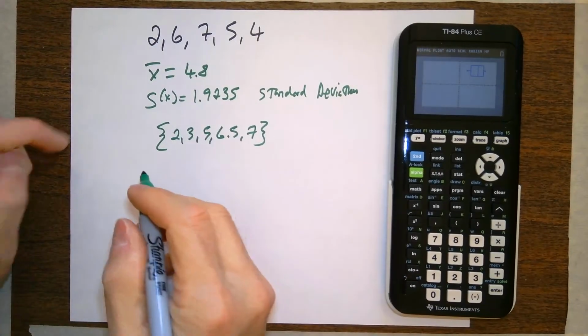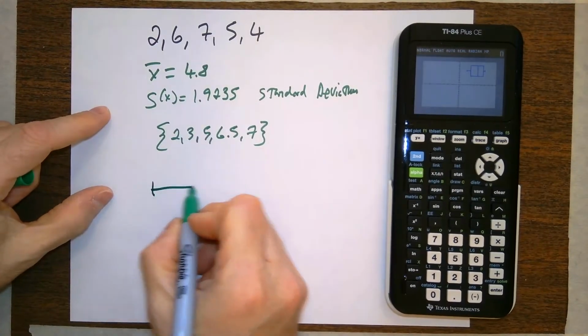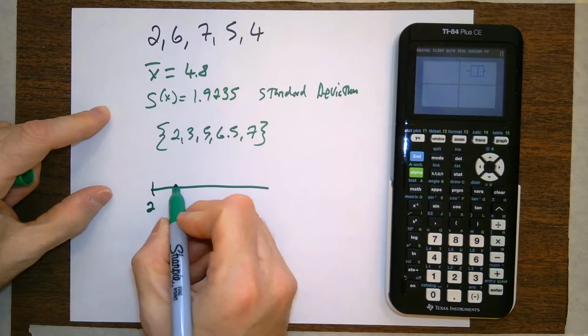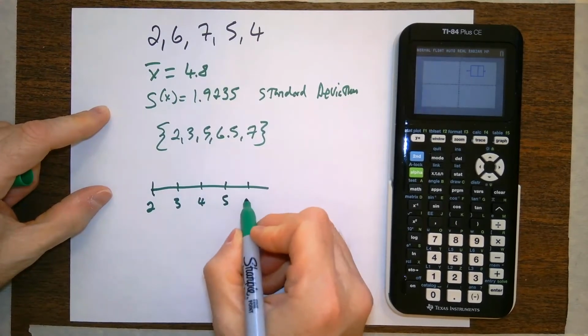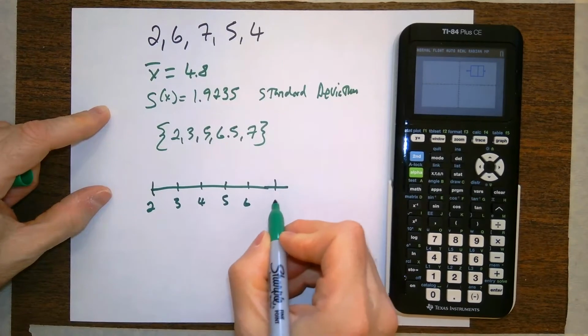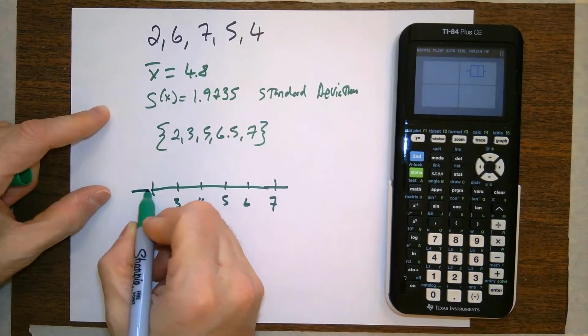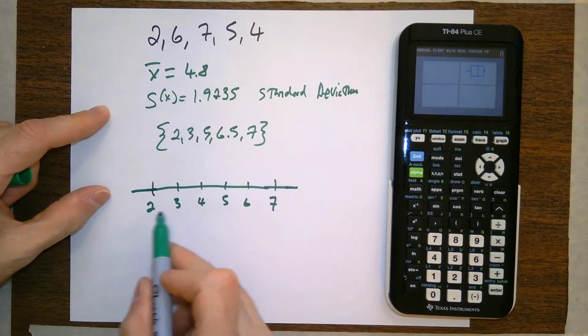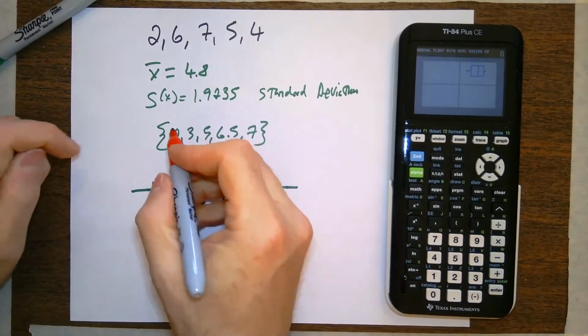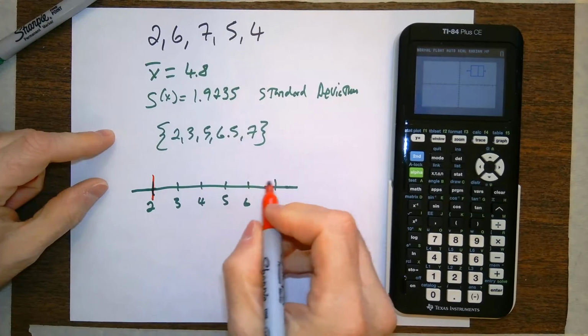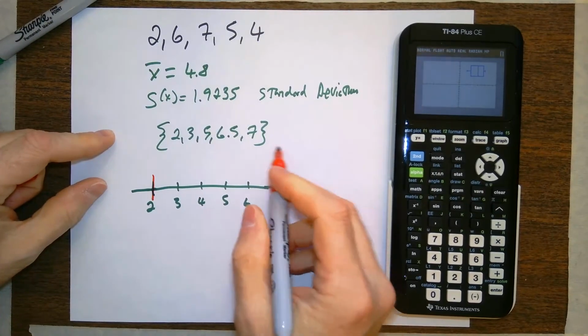But I could do this quite easily. 2, 3, 4, 5, 6, 7. Remember, I want to evenly spread things out. My low is a 2. My high is a 7.